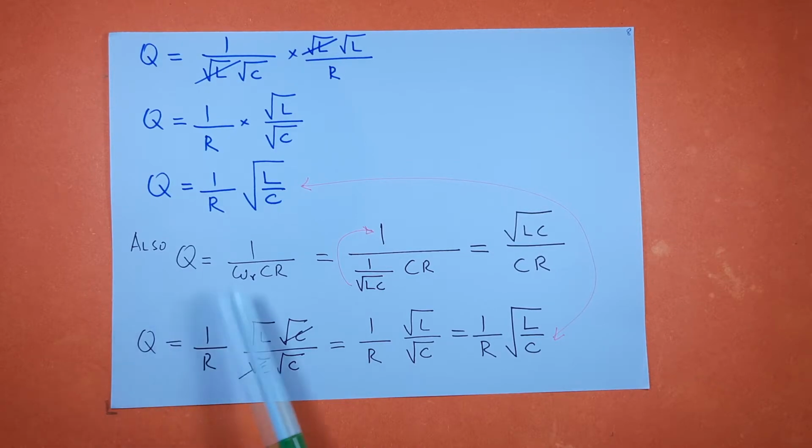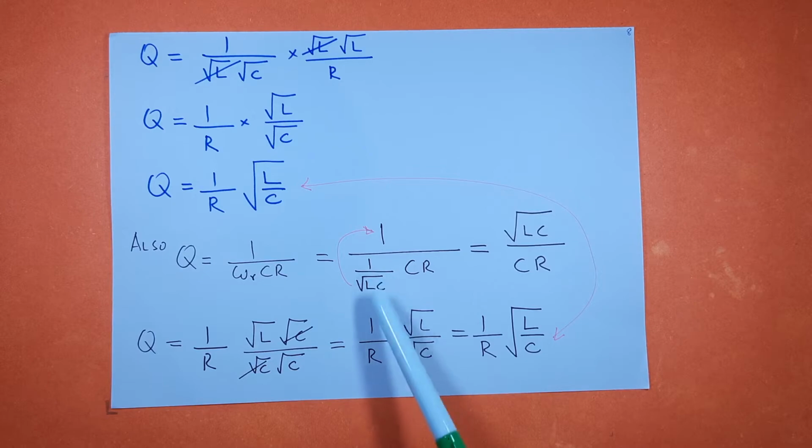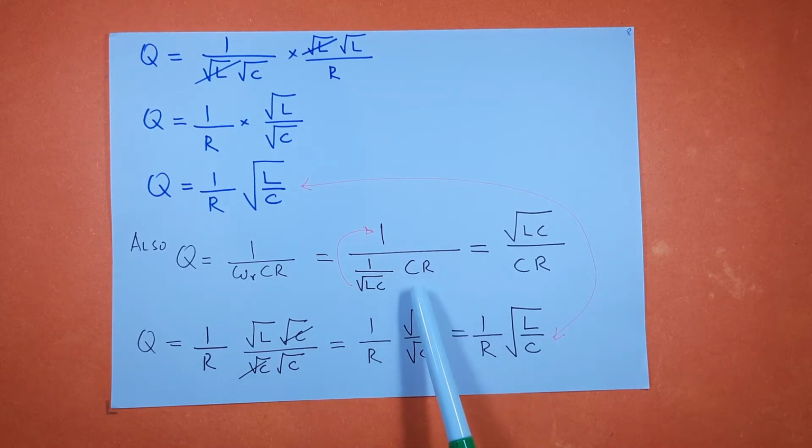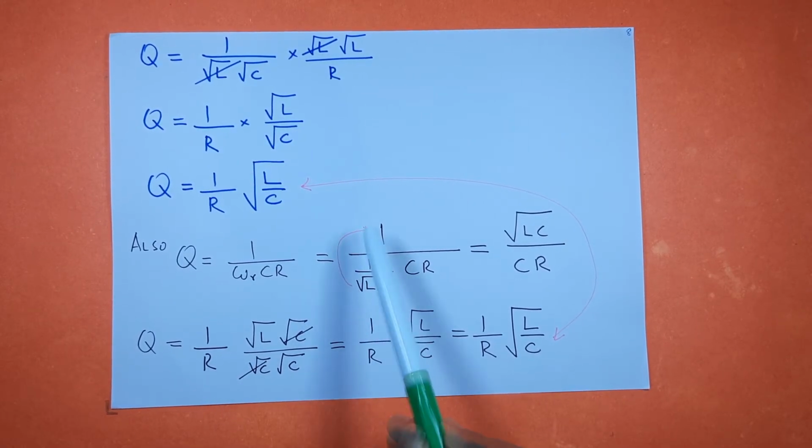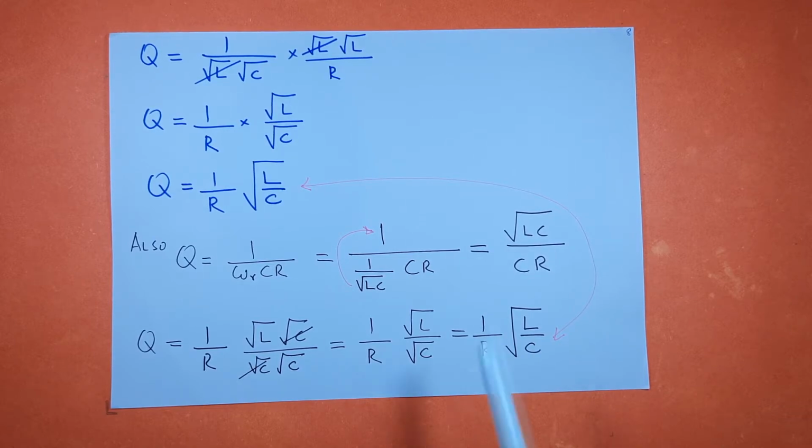Also Q equal to 1 divided by omega R CR. Again you substitute for omega R: 1 divided by 1 by square root of LC, into CR. You take it upstairs, equal to square root of LC divided by CR.